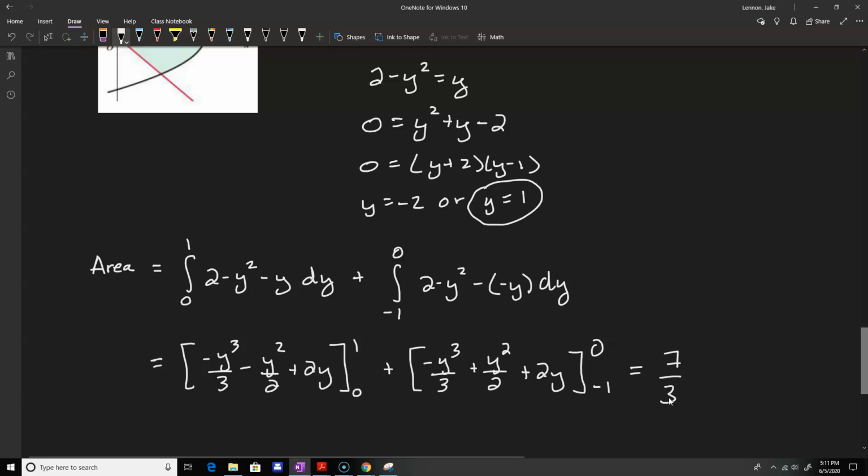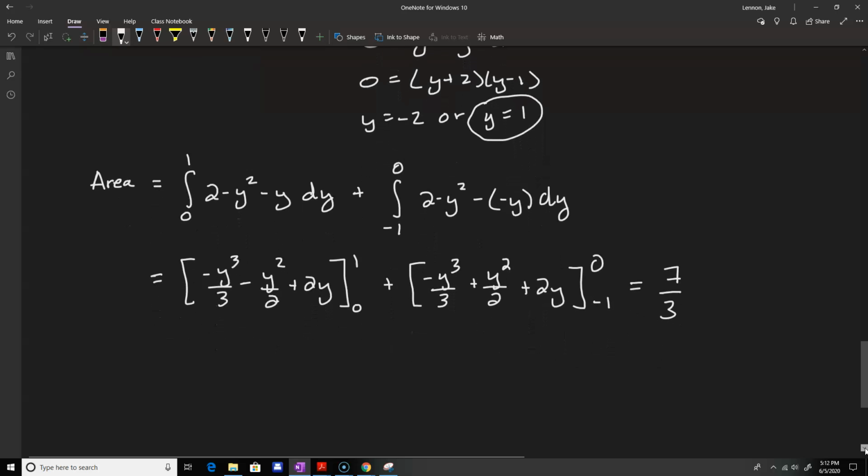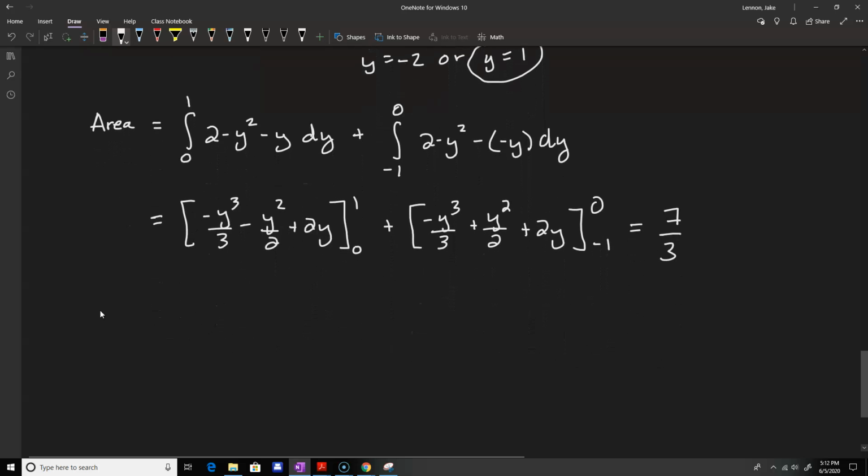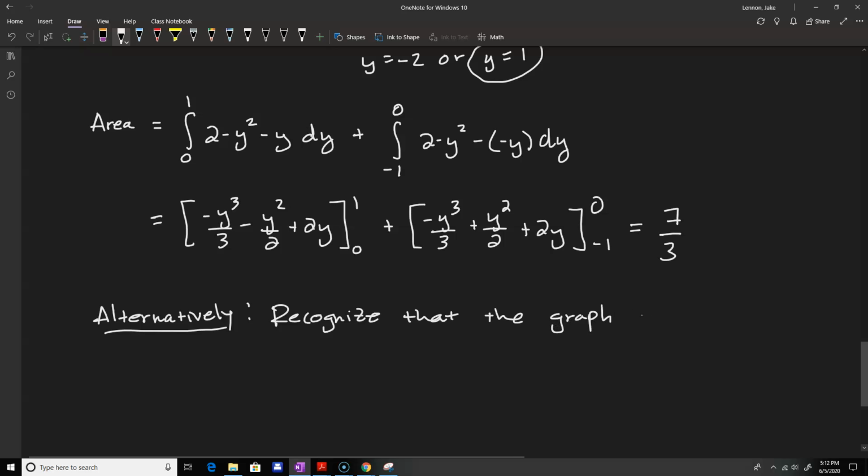I just realized too that there's also an alternative approach to this problem where we don't have to think about the absolute value of y as a piecewise function. So alternatively, instead of writing two integrals, we can recognize that the graph is symmetric about the x-axis.